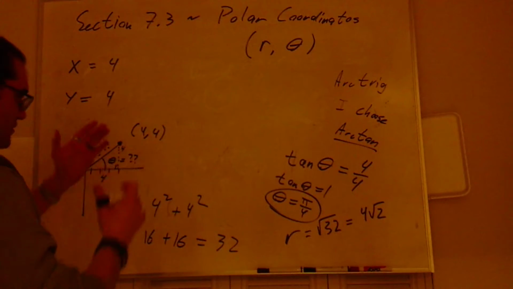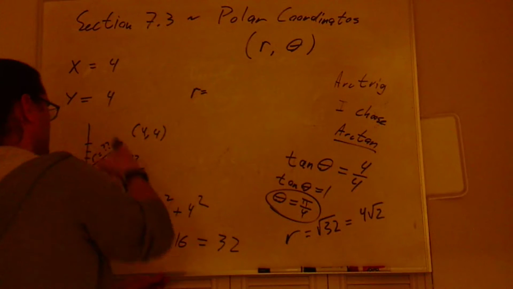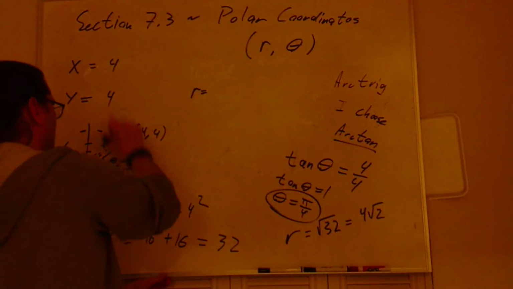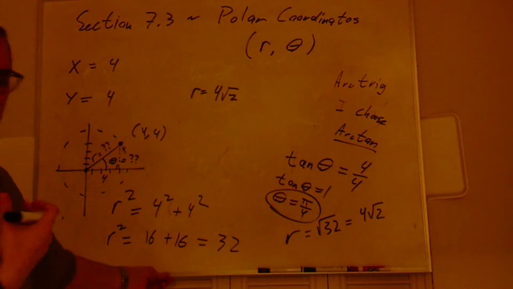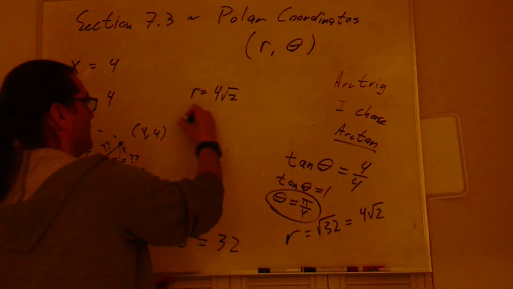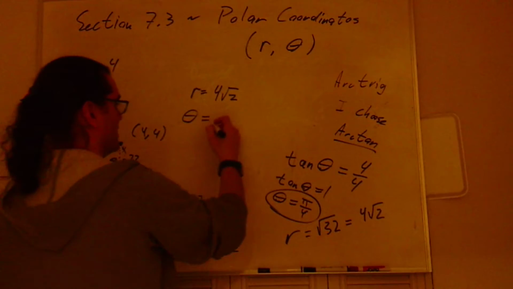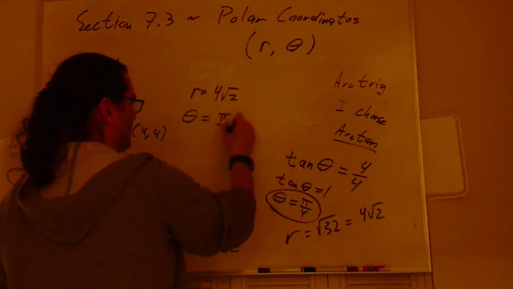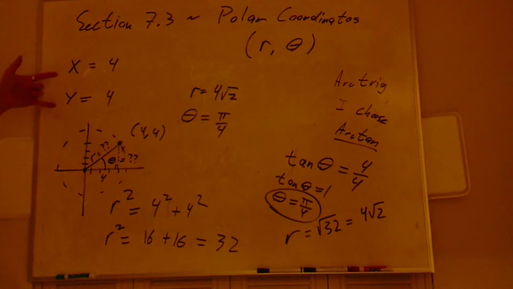I've discovered, using the Pythagorean theorem, that the radius of this circle, the circle that includes this point, should be 4 root 2, which is about 6, just a tiny bit less than 6. And using tangents, I've discovered that theta equals pi over 4, 45 degrees, right in the middle, which we sort of expected.